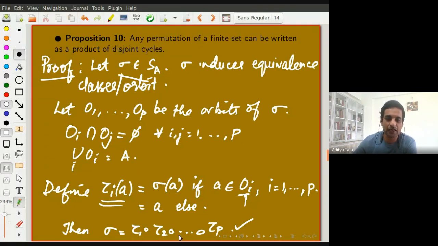And the way we have defined tau I, only one tau I will have any impact on A. The rest of the taus will not do anything to A. Understood? Only one tau I can do something to a particular element A, and it will be the tau I for which A is in the ith orbit. Make sense?